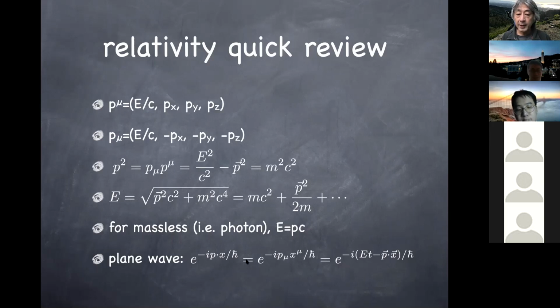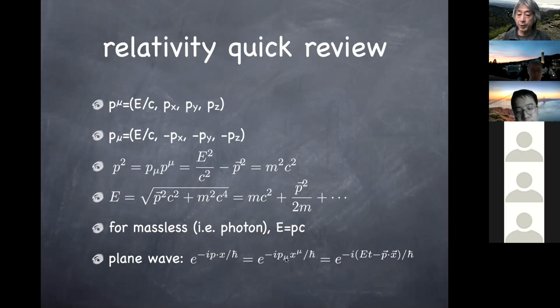When you look at the plane wave solution, I put in the contraction of the energy-momentum 4-vector and the space-time coordinate 4-vector, p dot x. Again, this dot is meant to be a Lorentz invariant contraction between a lower index and an upper index. So that's what I did explicitly over here.